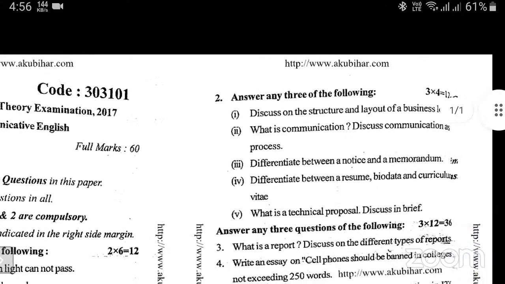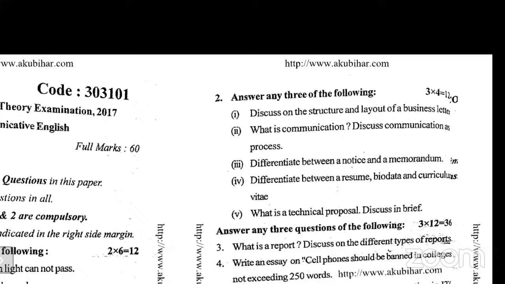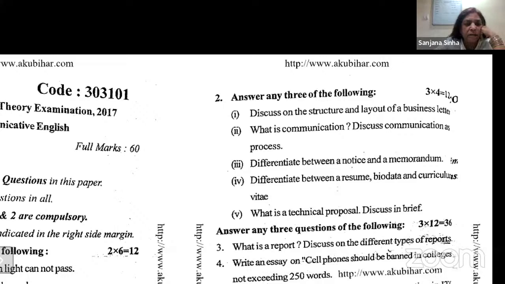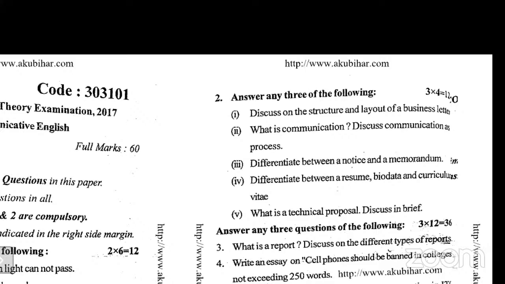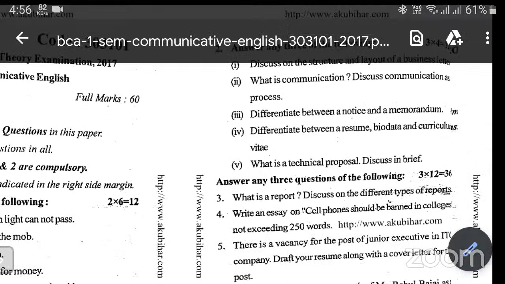Right shift. Okay, we are not going to tell you the answer yet. Answer any three of the following: discuss the structure and the layout of a business letter. You will be able to do this. Yes, ma'am. Now answer this: what is communication? Discuss the communication process.